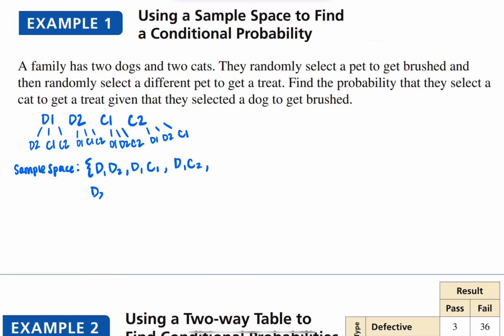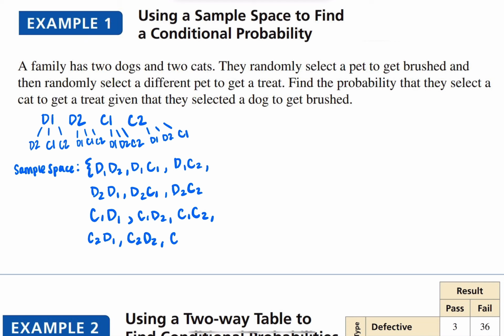We have dog 2, dog 1; dog 2, cat 1; dog 2, cat 2. Cat 1, dog 1; cat 1, dog 2; cat 1, cat 2. And then finally we have cat 2, dog 1; cat 2, dog 2; and cat 2, cat 1.